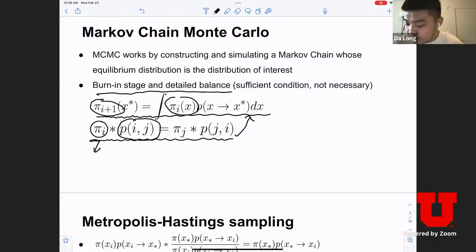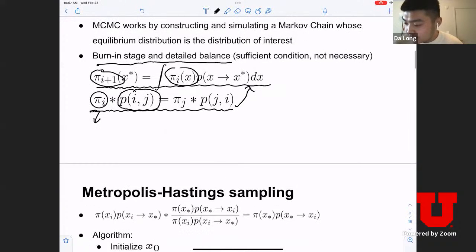It means the probability at i times the probability of jumping from i to j is equal to the probability at j times the probability of jumping from j to i. It's very symmetric.